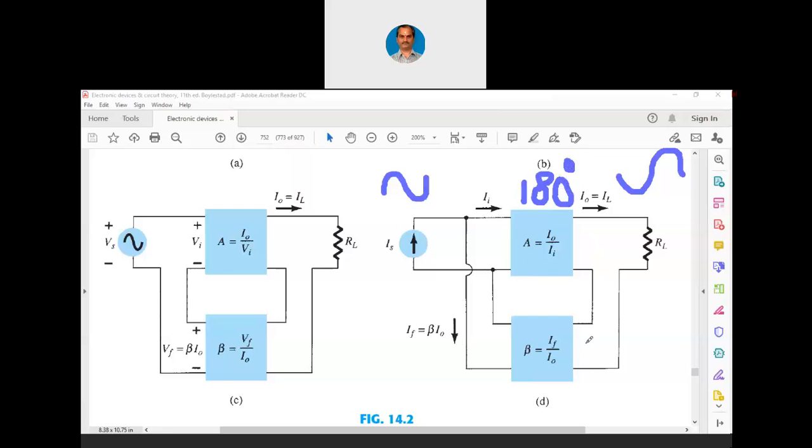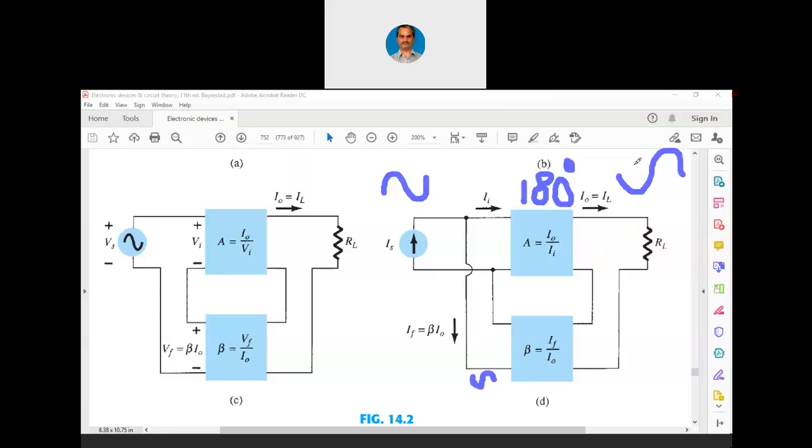Now, when you take the feedback here, this feedback network is not going to introduce a phase shift. The feedback network is simply a passive network. Let us say in this case, it is not going to introduce a phase shift. If it is not going to introduce a phase shift, a small portion of the output will come here now.